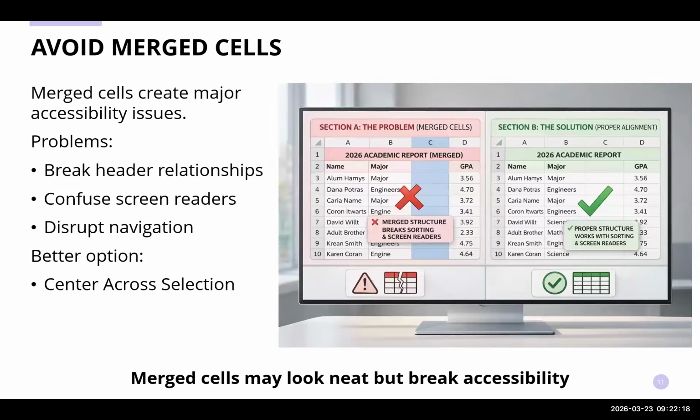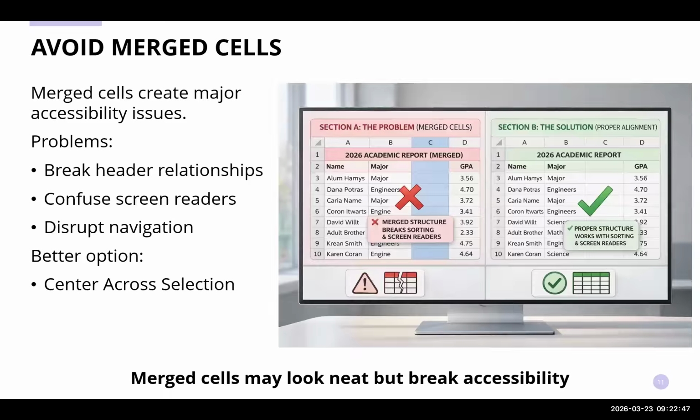So what is a better option instead of merging cells if you want your title to stand out? You can use the option Center Across Selection. Here is how you can do it. Once you've unmerged the cells, say you have a title from A1 to I1, select this range, or the range wherever you want the text to appear.